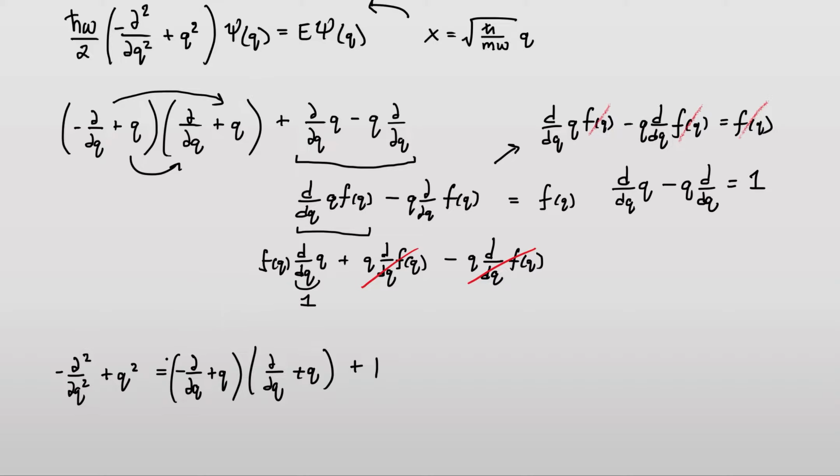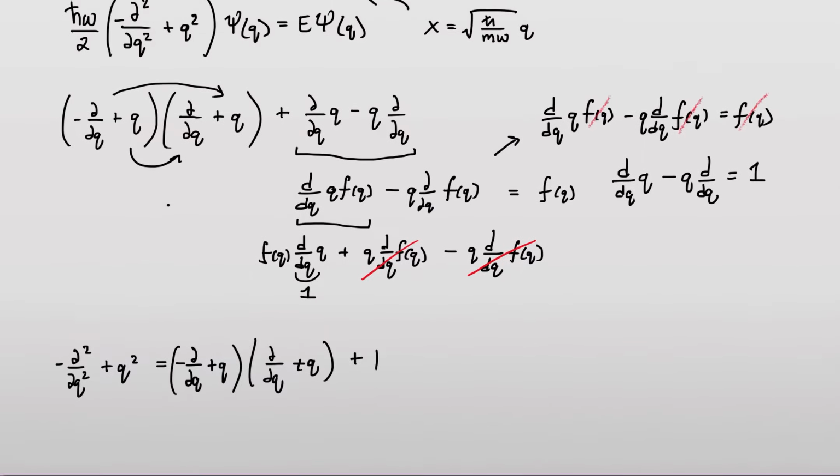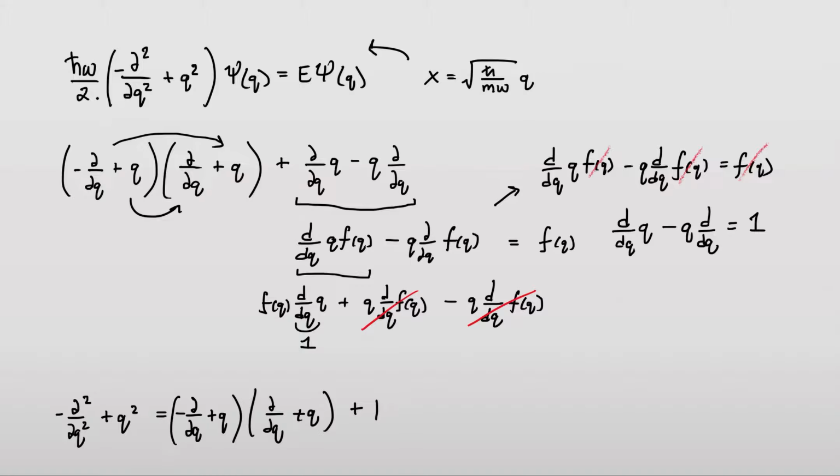And so that's all. So now here's the big quantum jump, if you will. If we put this in for our Schrodinger equation, here's our Schrodinger equation.